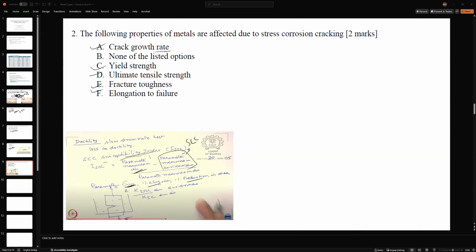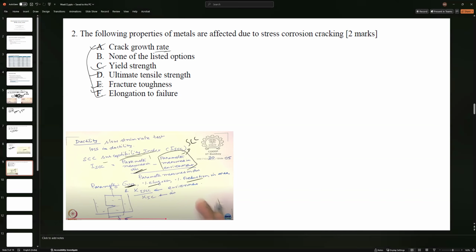Yeah, I don't think. But yeah, all these factors, all of them will affect. So be it none at all, it's only correct. So all of the others will be correct.